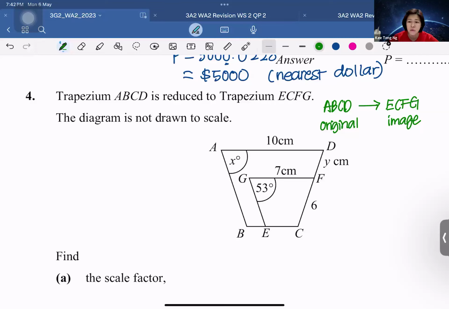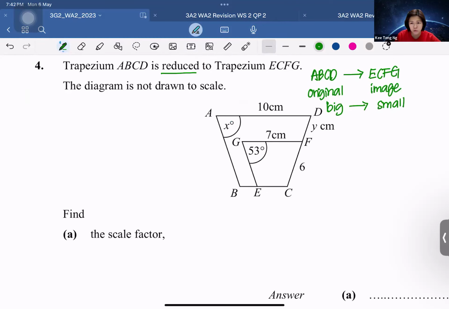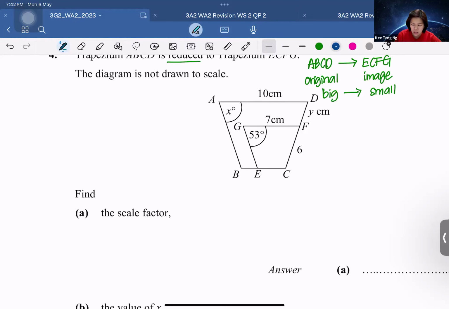Right, so for original to the image, this is a reduction. Reduction means become small, from originally big become small. So now if I want to find the scale factor, it is given by the length of the image over the length of the original.